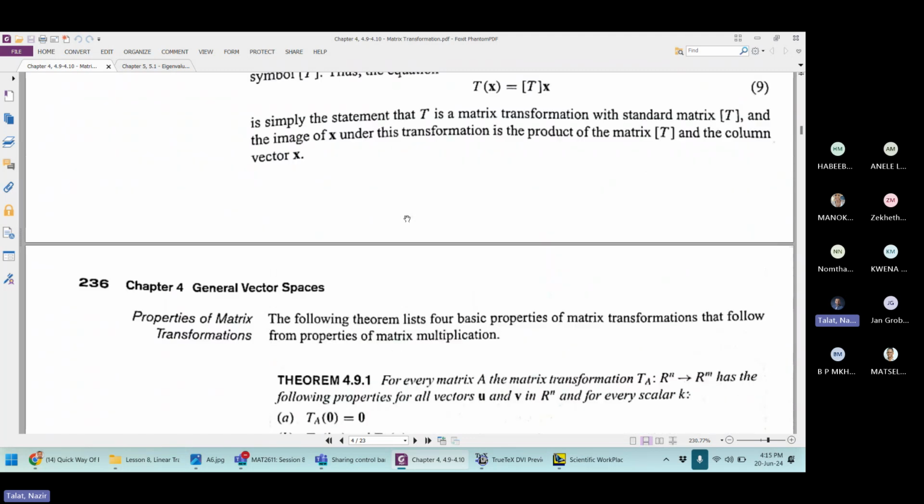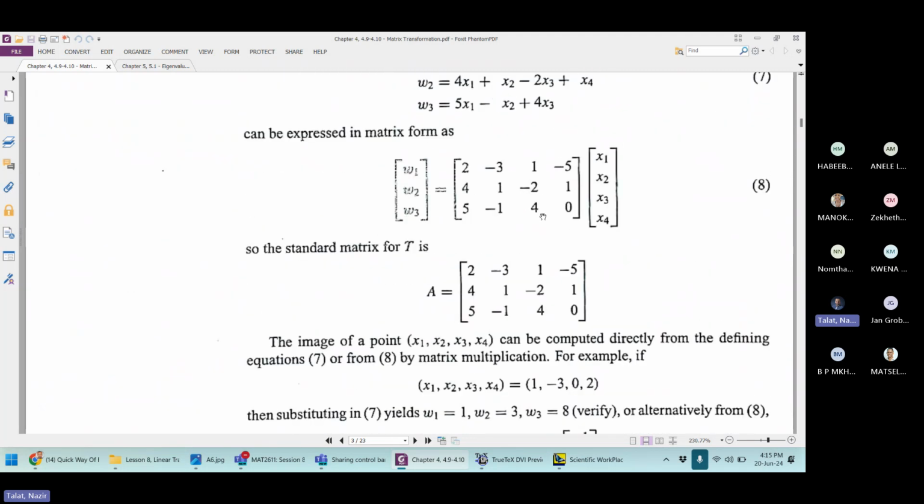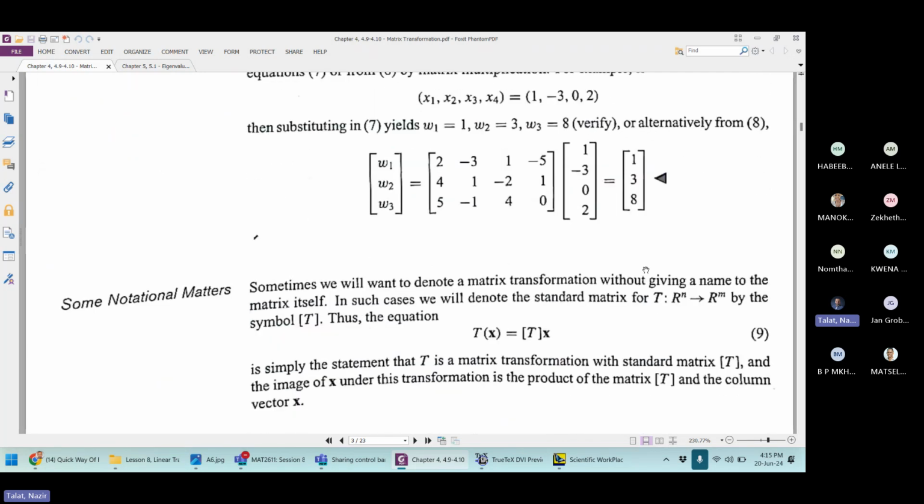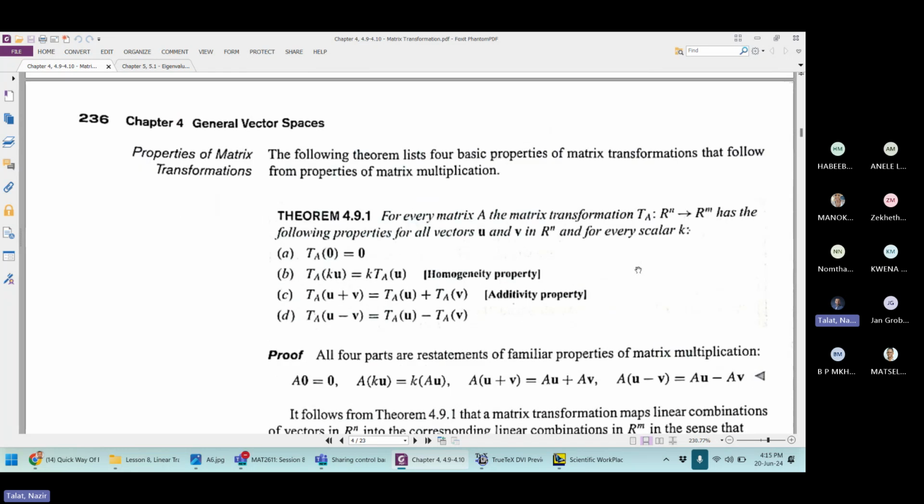If A is any matrix and you multiply the zero column, like x1 is 0, x2 is 0, x3 is 0, and x4 is 0, with A, then we simply get w1, w2, w3 as 0, 0, 0. It means the linear transformation always gives us the output 0 when the domain element is 0.